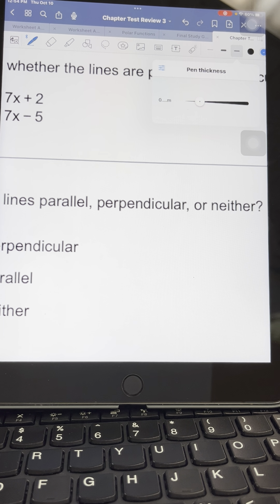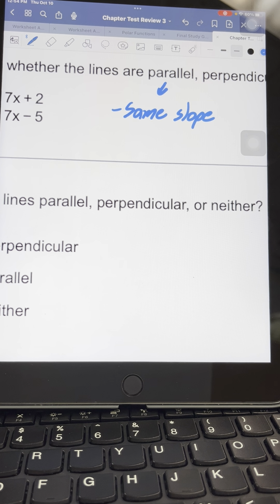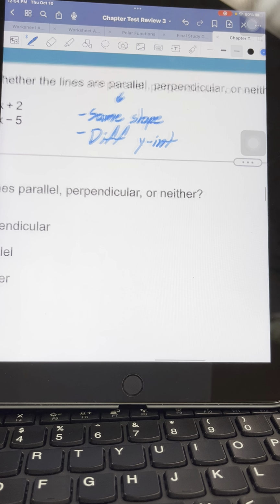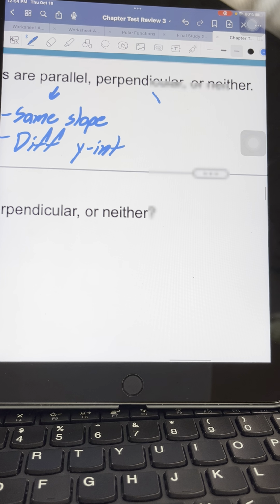It has to have the same slope, and it also has to have different y-intercepts. Perpendicular lines need to have what? Opposite reciprocal slopes.